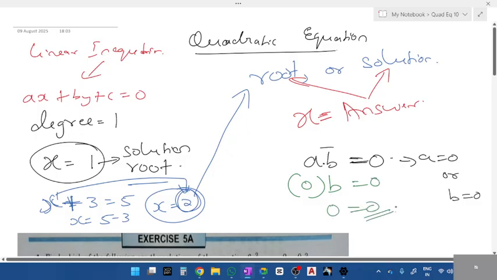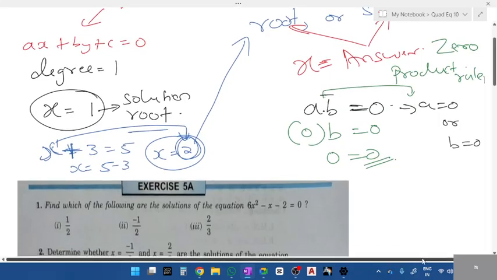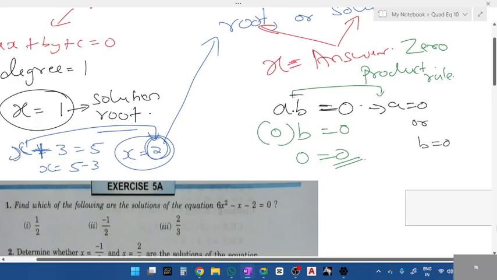Left hand side is equal to right hand side. So whenever two values are multiplied, in mathematics we call multiplication as product. So this is known as the zero product rule. When two values are multiplied, you take it as 0 and find the answer.